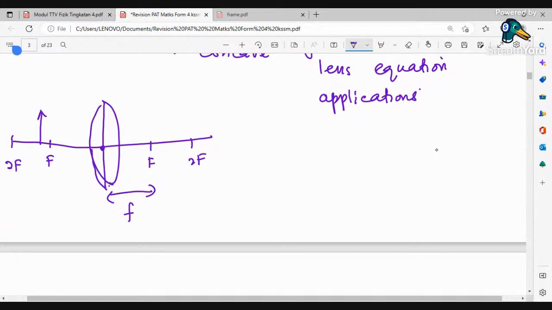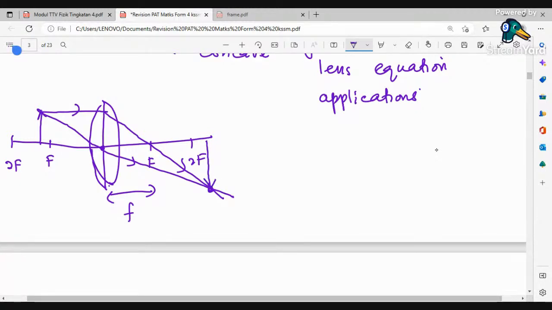So actually there are 3 rules to draw the ray diagram. Normally yang senang ialah parallel to principal axis then pass through F. Itu yang the easiest. And then another one, pass through center straight line. Sambung je straight guna ruler lah. Okay. Mana dia intersect, at that point draw the image.